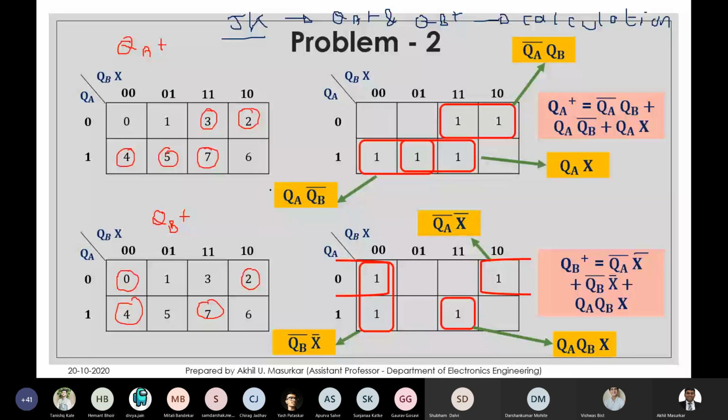Actually, I was correcting that only and the network went. Okay, so let's go ahead.